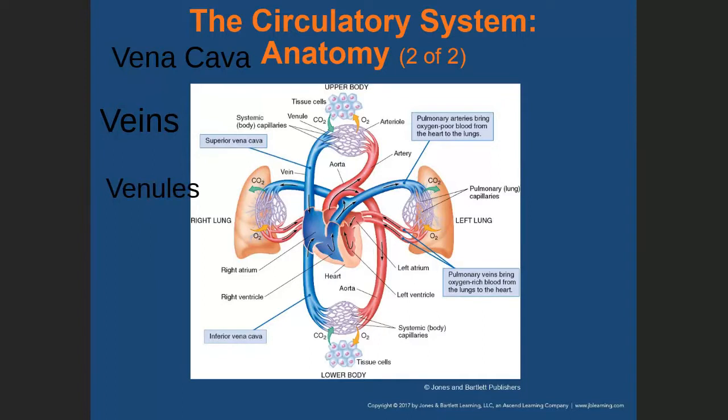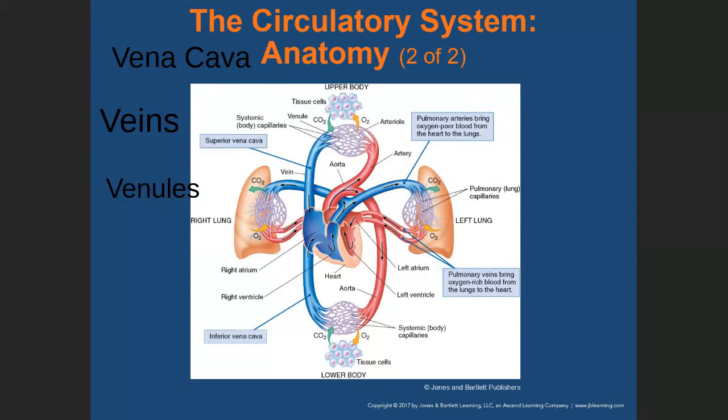So venules are the smallest veins within the body, right? The vena cava is the largest vein in the body, and it has a superior portion and an inferior portion.